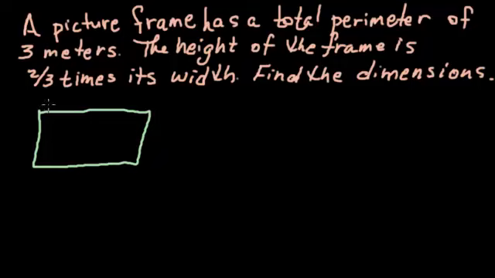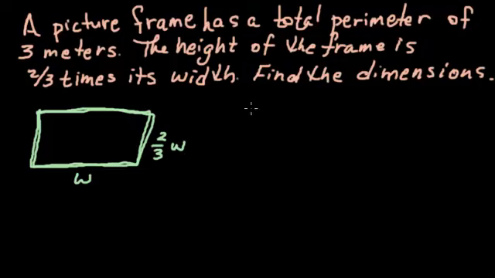They tell me that the total perimeter, that is the total distance all the way around, if I were to walk all the way around this picture frame, the distance around would be 3 meters. That's what perimeter means. The height of the frame is 2/3 its width. So if I call this the width, this height is 2/3 its width.